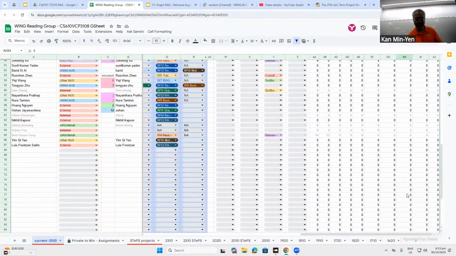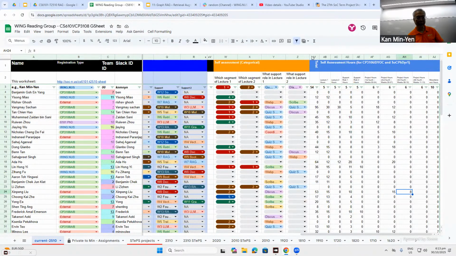What we need to see by the end is that you have spent at least 70 hours if you are in CP, and then 130 hours.